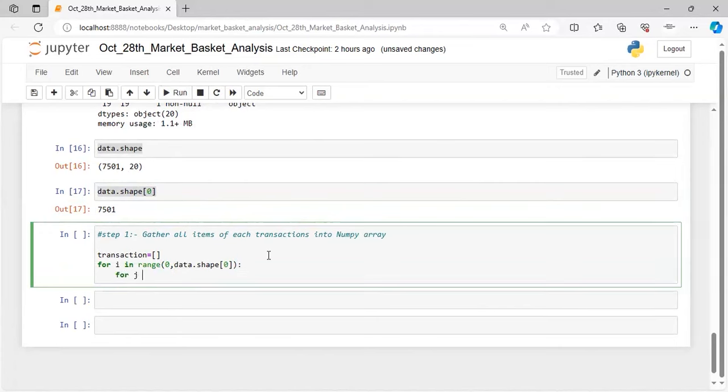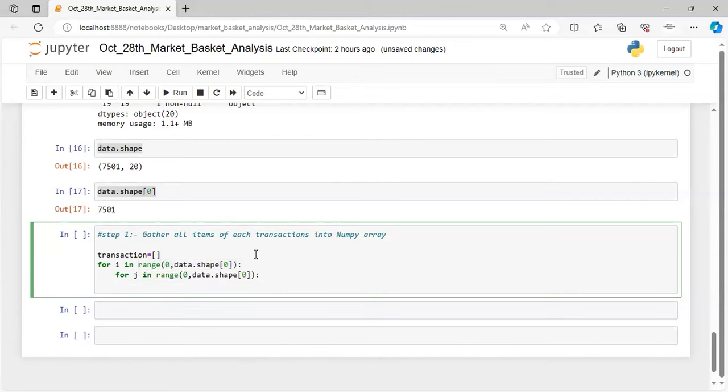For j in range, same thing. Now what we will do is append it, so transaction.append.